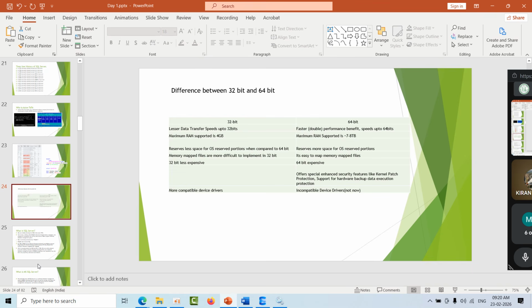If you have a 64-bit CPU, it supports a 32-bit operating system as well as a 64-bit operating system. For example, my system has 64 GB RAM. If I install a 32-bit operating system, it only supports 4 GB and cannot use more than that. That's another disadvantage of 32-bit.